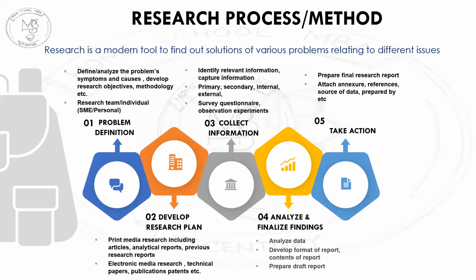We carry out the study of articles, analytical reports, previous research reports, and what has been printed in various business magazines and marketing magazines and things like that. So we carry out that what is already available in the print media, and we dig out what is relevant to us. And then we go down to electronic media research.